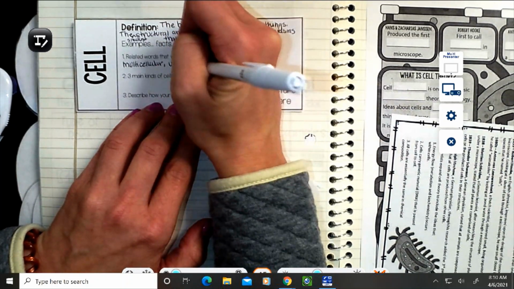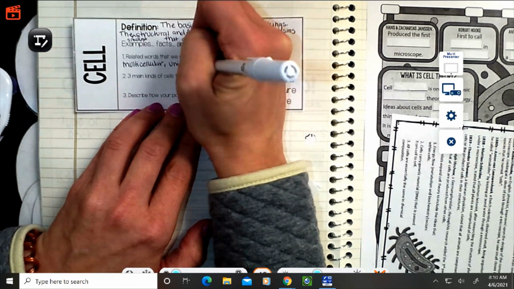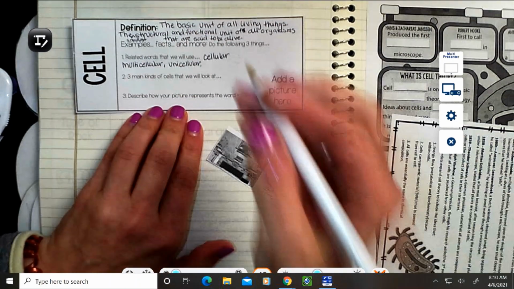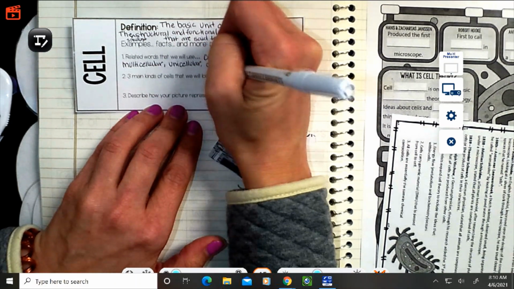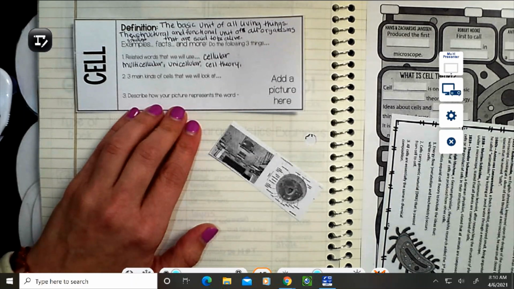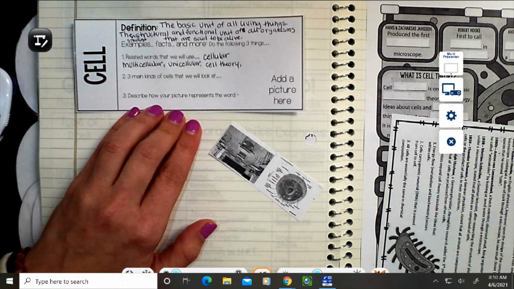Unicellular or single-celled means made of one cell. We're going to talk about the cell theory. That's about what we know about cells. There are some other ones like cell membrane, cellular respiration, cell division, but those are the main ones that we're going to talk about and that you need to know in order to be able to do the rest of it.